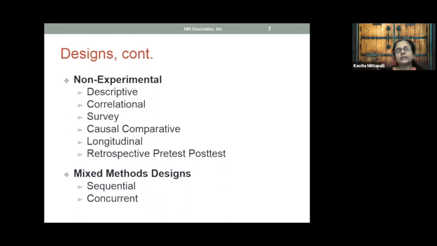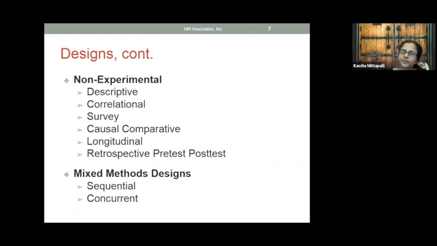Longitudinal is a little difficult, but I would say it's not impossible, especially if you have data sets that have been collected by somebody else, across several phases or time periods. Then you can actually do a longitudinal study. In real life, if you have a grant that runs for about 5 or 6 years, and you have data across 4 or 5 years, then you can probably do a pretty decent longitudinal study. So that's where the longitudinal aspect comes in.